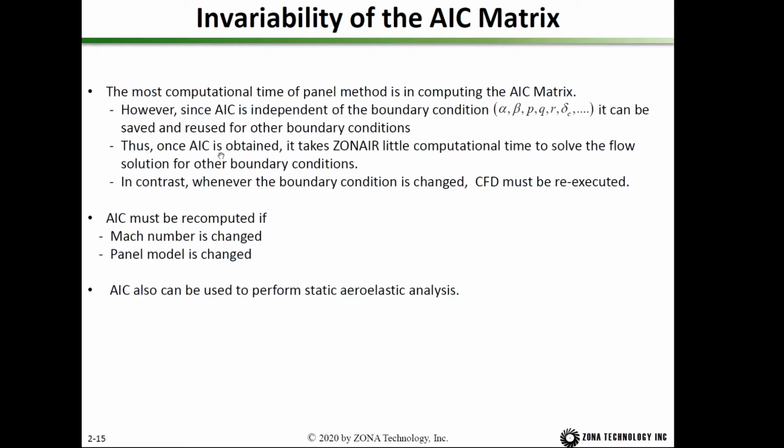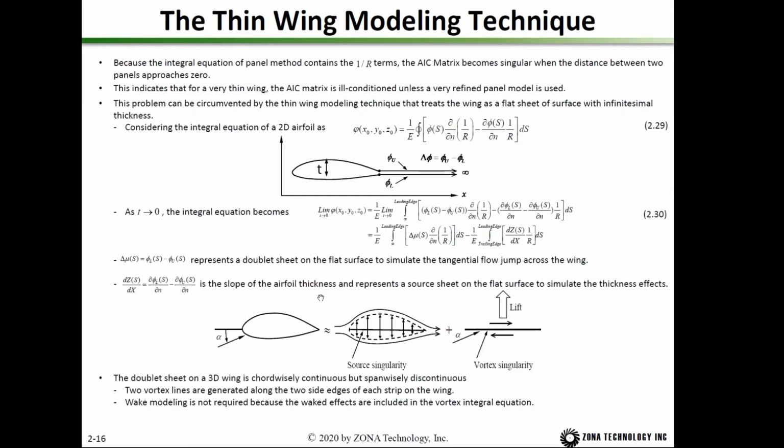Thus, once the AIC is obtained, it takes only a little computational time to solve the flow solution for other boundary conditions. In contrast, AIC must be recomputed if the Mach number changes or the panel model is changed. And AIC also can be used to perform static aeroelastic analysis.